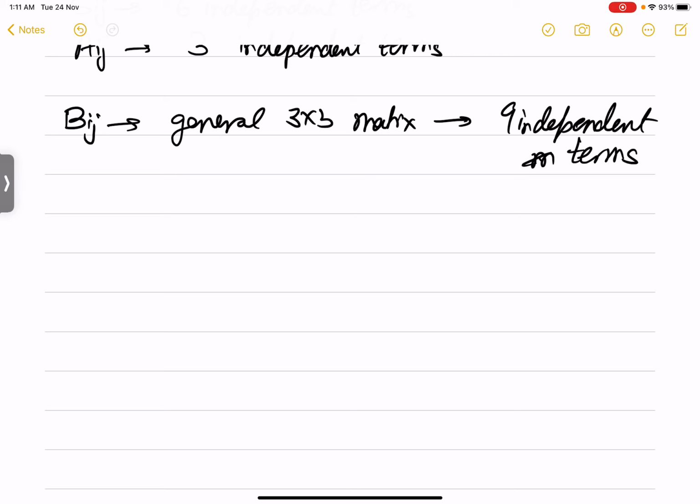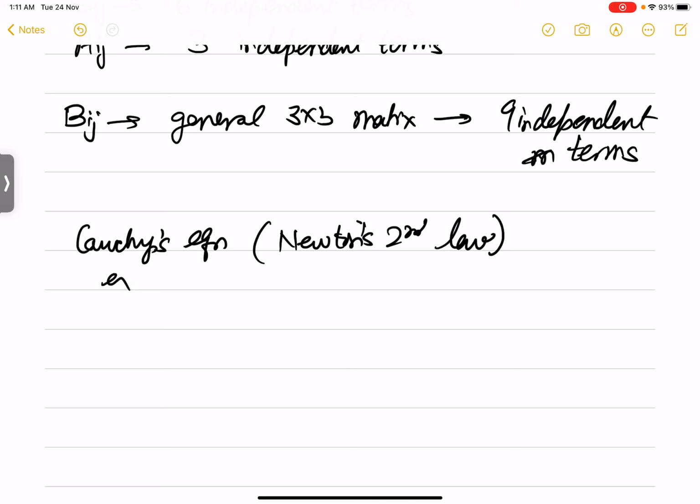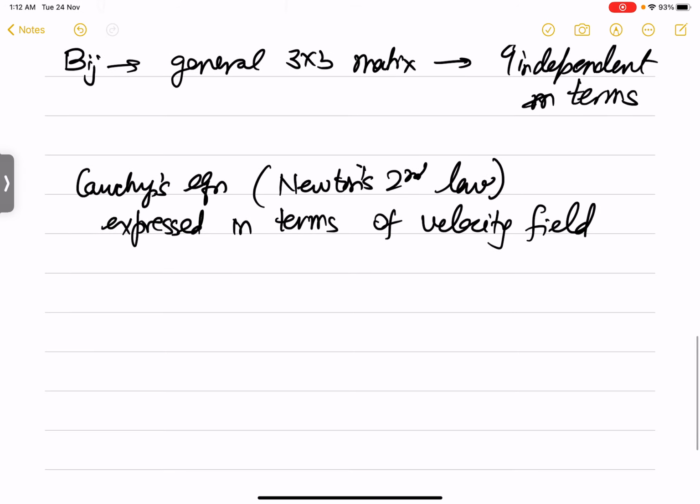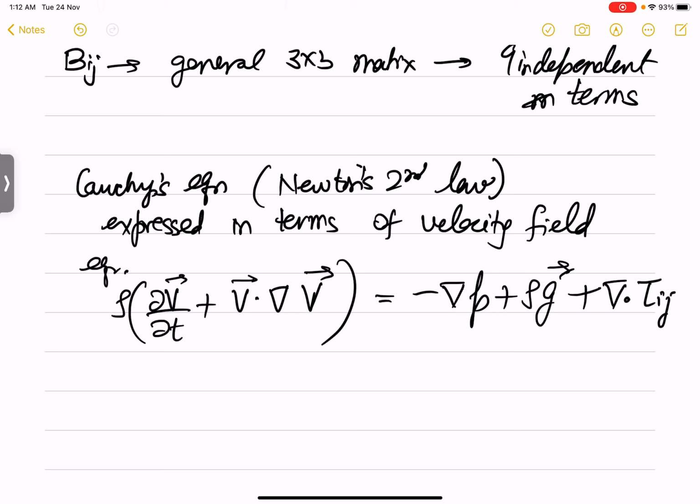Now let us get back to the fluid mechanics, and what we had seen in the last class was that we had written Cauchy's equation, which is essentially Newton's second law, and this expressed in terms of velocity field led to the equation, and the equation which we got was rho times partial v by partial t plus v dot grad operating on v is equal to minus grad p plus rho g plus del dot tau ij.